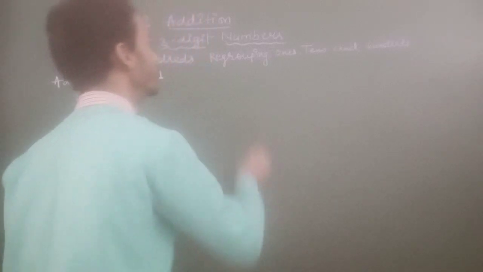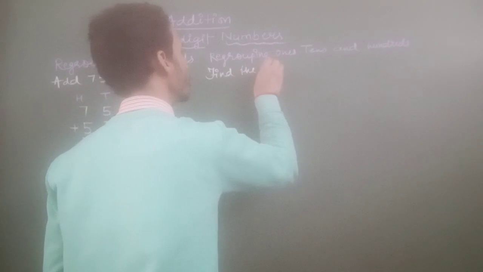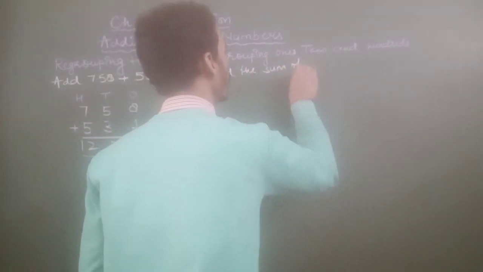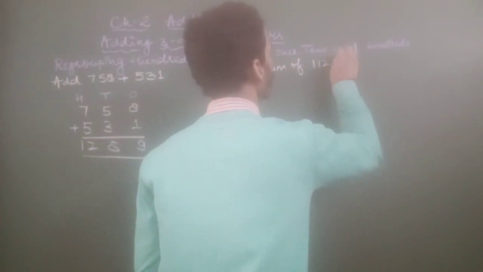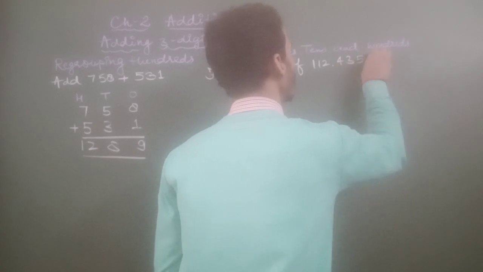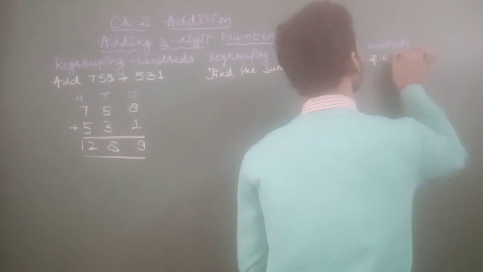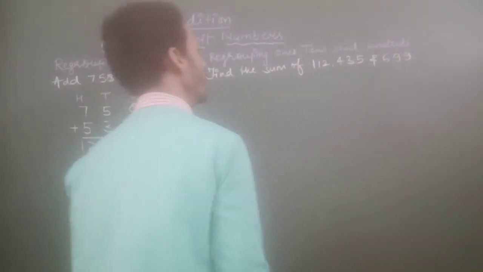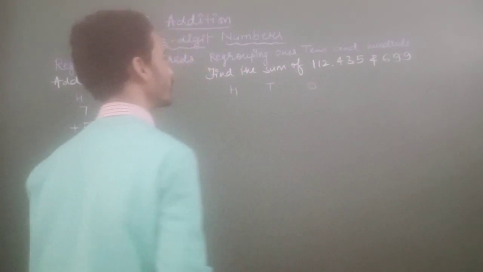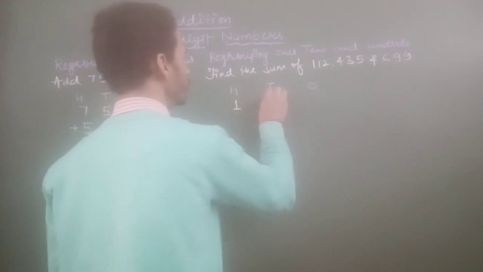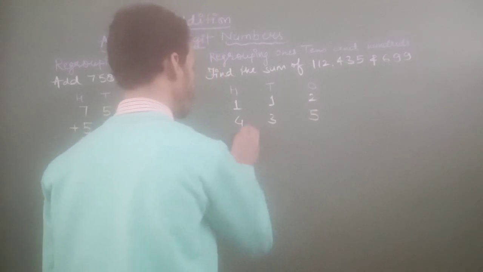Find the sum of 112, 435 and 699. When we write in a column, hundreds, tens and ones, 112, 435 and 699.